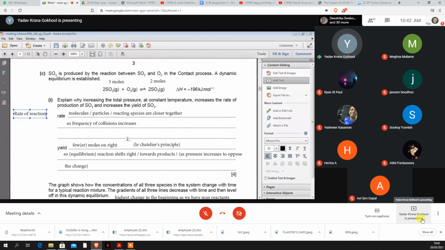So you will see that in the equation I have written that here we have 3 moles and here we have 2 moles. Now we could have also got an explanation about temperature, because over here the reaction is exothermic. So you have to remember that when we increase the temperature, it would have gone to the left hand side, and decrease the temperature, it would have gone on the right hand side.